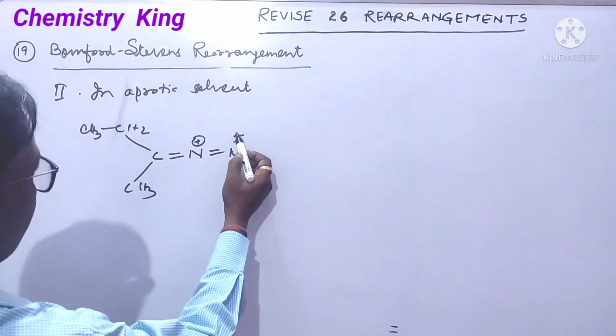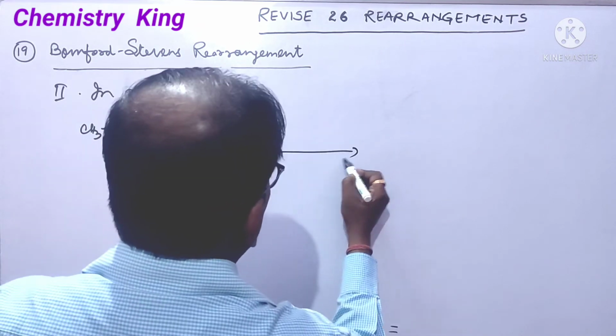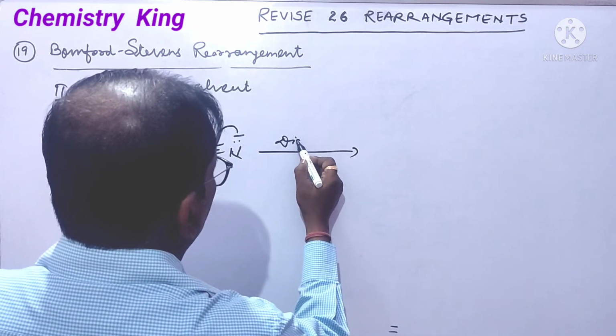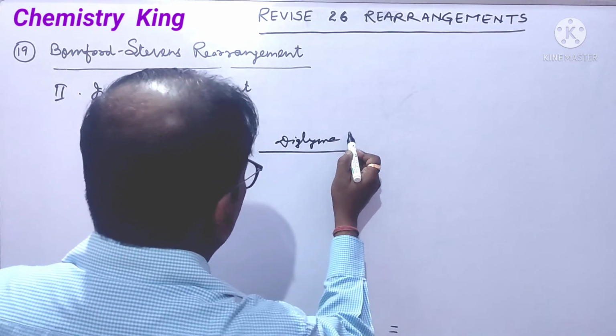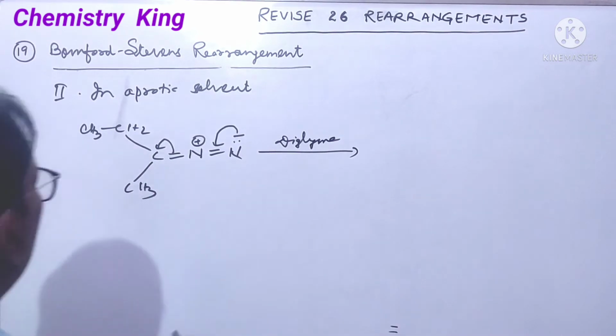Okay. Now, it will come here and it will come here. In presence of diglyme or triglyme, it is aprotic solvent.